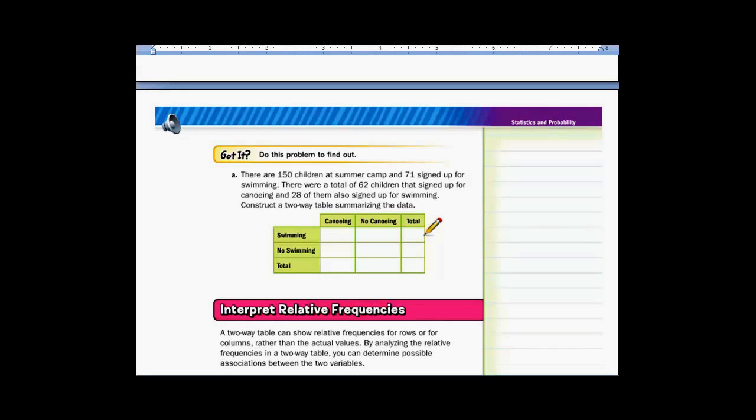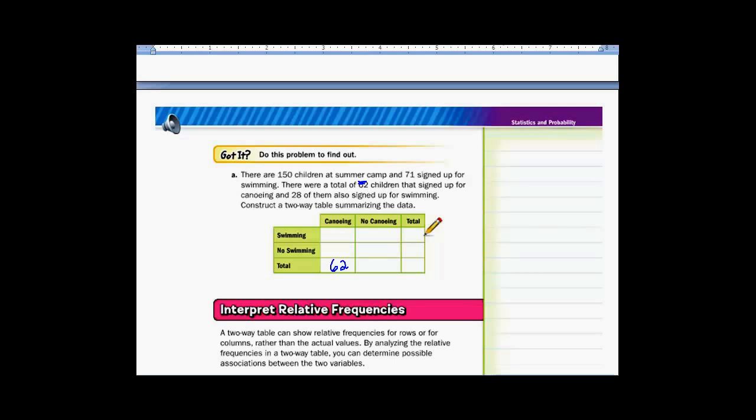Okay, so it says that there are 150 children at summer camp and 71 are signed up for swimming. There are a total of 62 children that were signed up for canoeing and 28 of them also signed up for swimming. Construct a two-way table summarizing the data. So we know that 62 children signed up for canoeing.